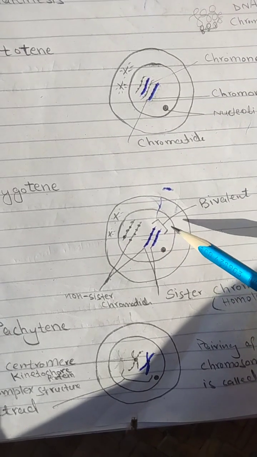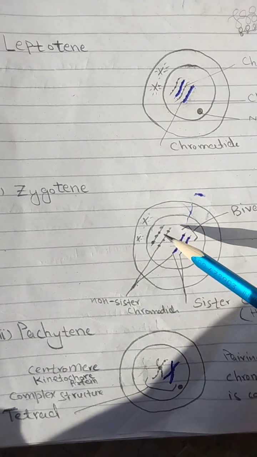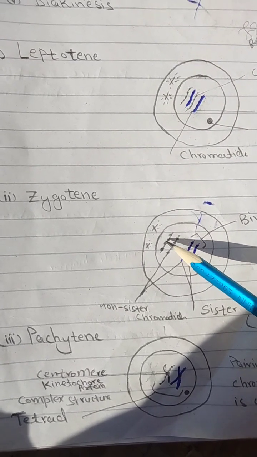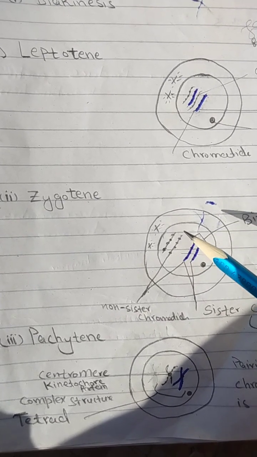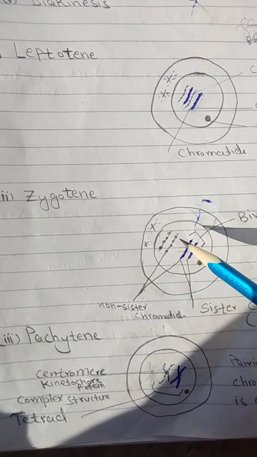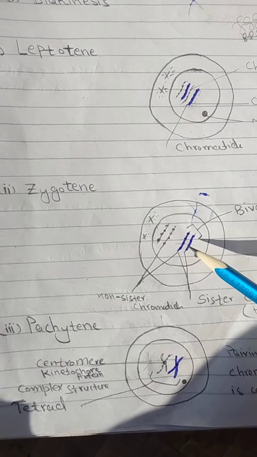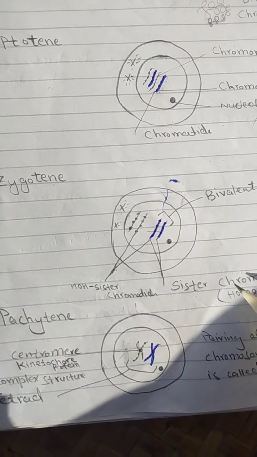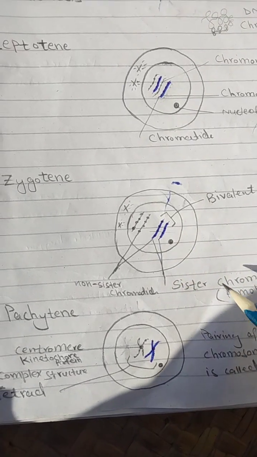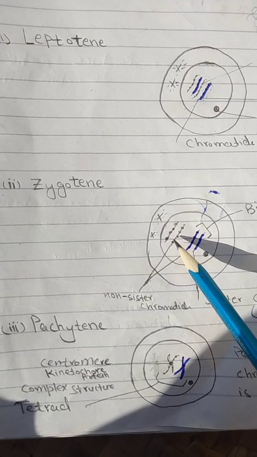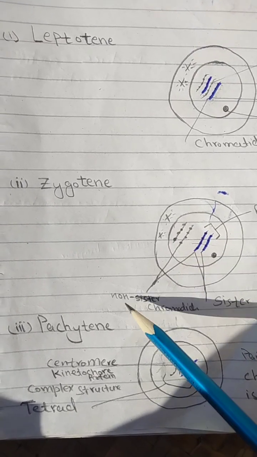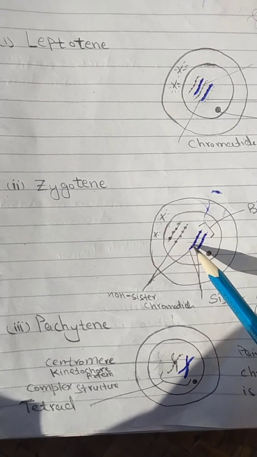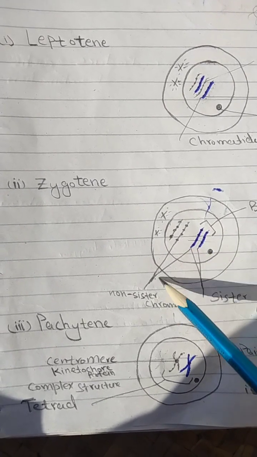We call these sister chromatids, another name being homologous chromosomes. The father's chromatid compared to the mother's chromatid is a non-sister chromatid, because the locations of the genes are not the same.